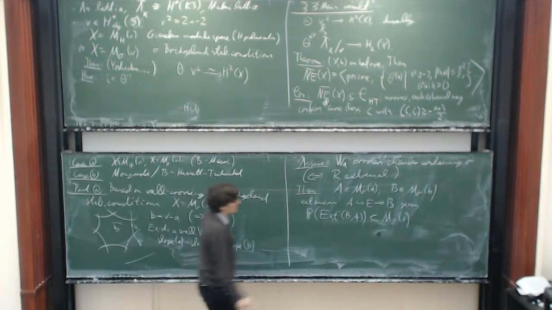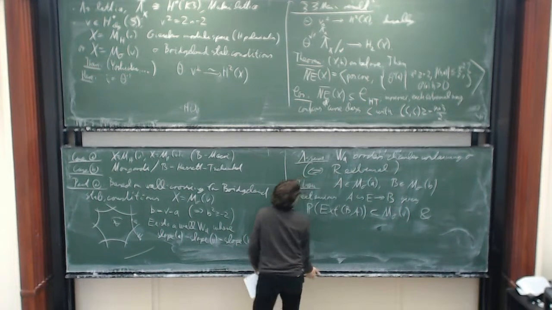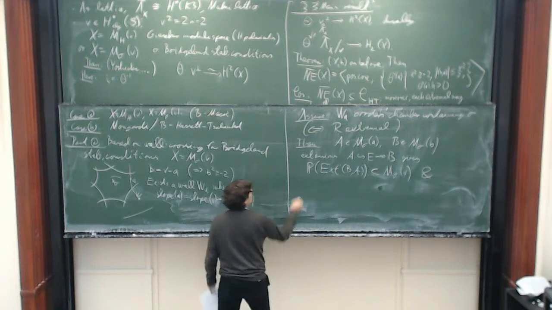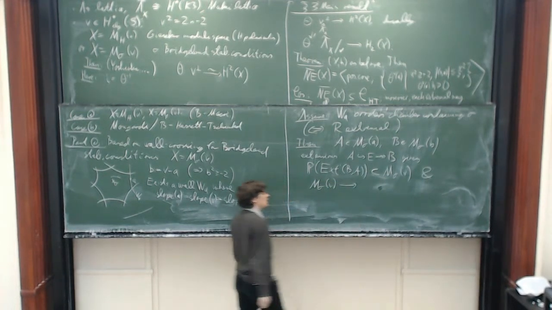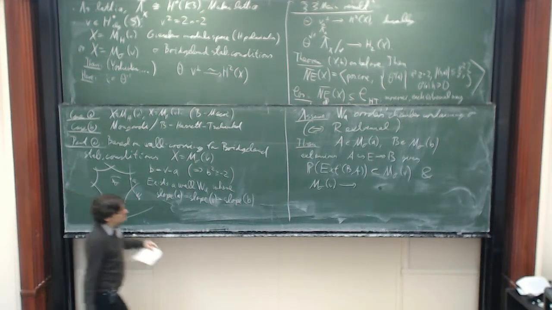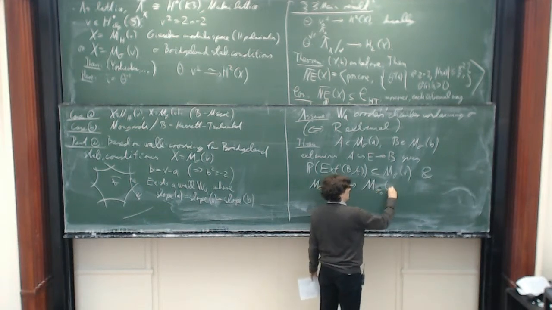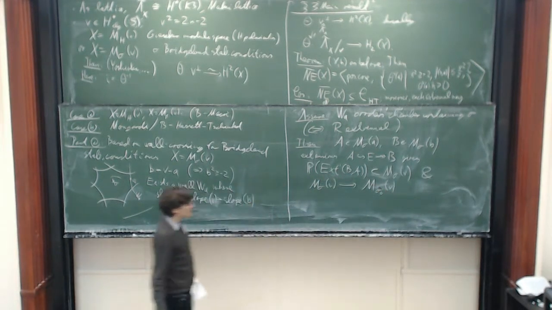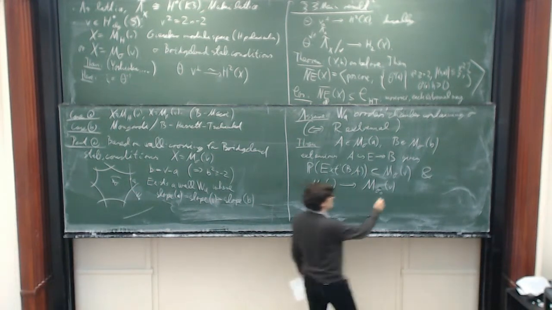And moreover, the wall actually contracts this moduli space. If I look at the morphism from the moduli space of stable sheaves for sigma on the chamber to the coarse moduli space of semi-stable objects for the stability condition on the wall, then this contracts this projective space.